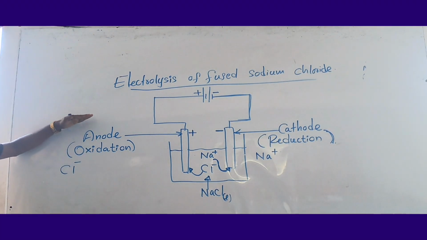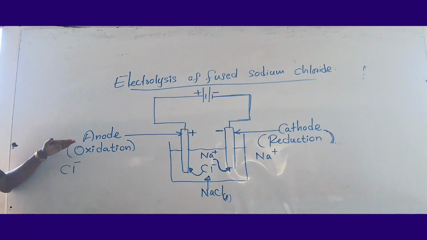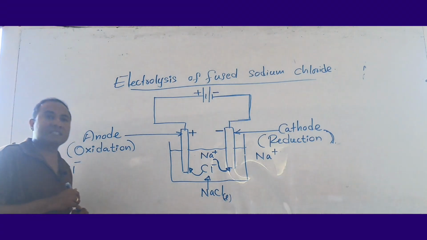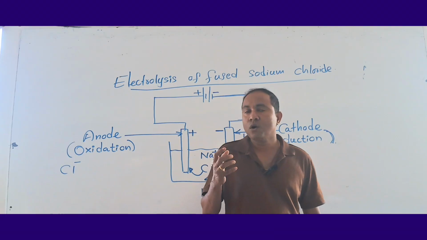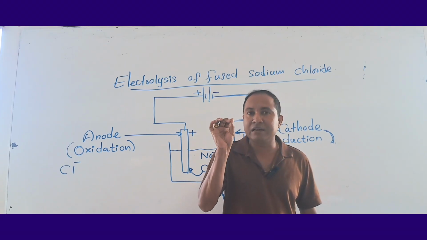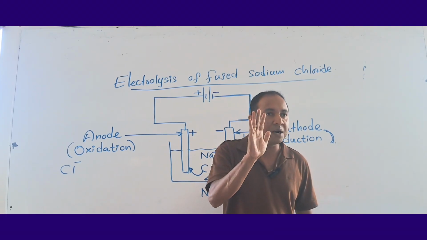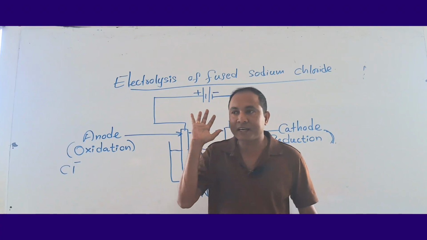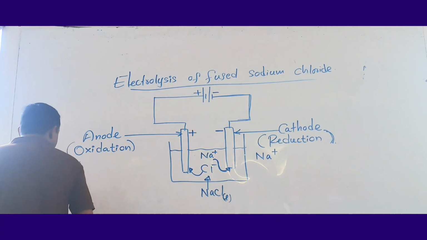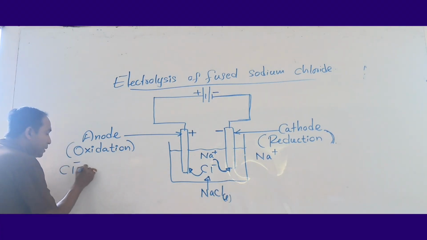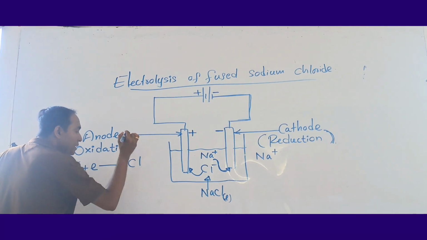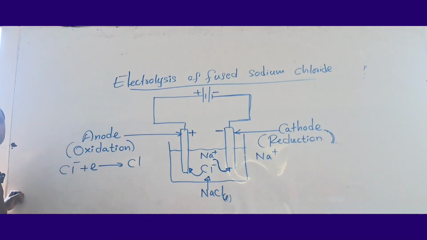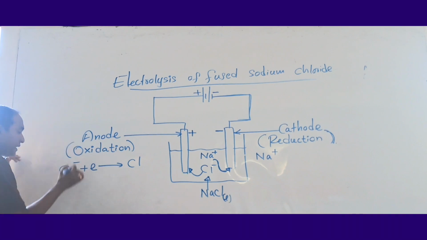The chemical reaction that occurs near the anode is oxidation. What do you mean by oxidation? Oxidation means the chemical reaction that occurs by removing electrons. You must remember, a chloride ion removes one electron and forms a chlorine atom.